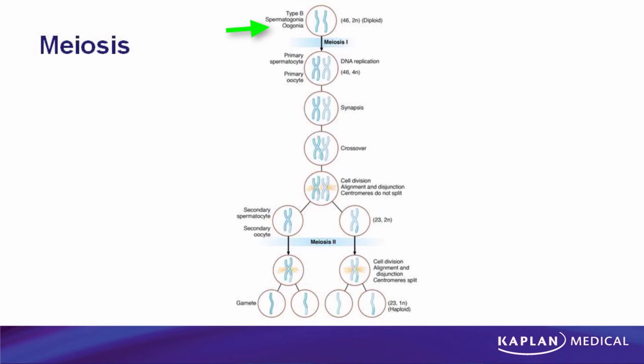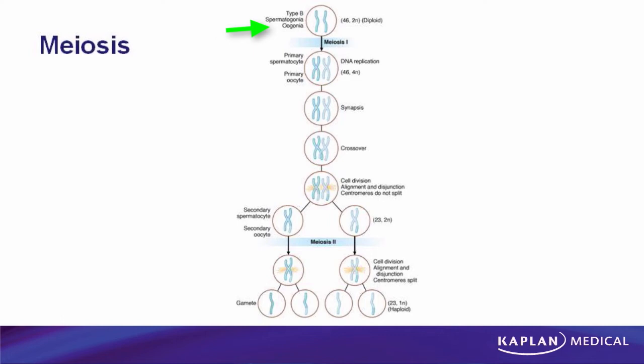Then at some point, and we'll talk about when that point is a little later, some of those cells will differentiate into cells that are no longer dividing by mitosis, but rather will start dividing by meiosis. They will differentiate and become cells that are meiotically active, and therefore they enter the meiotic cycle.